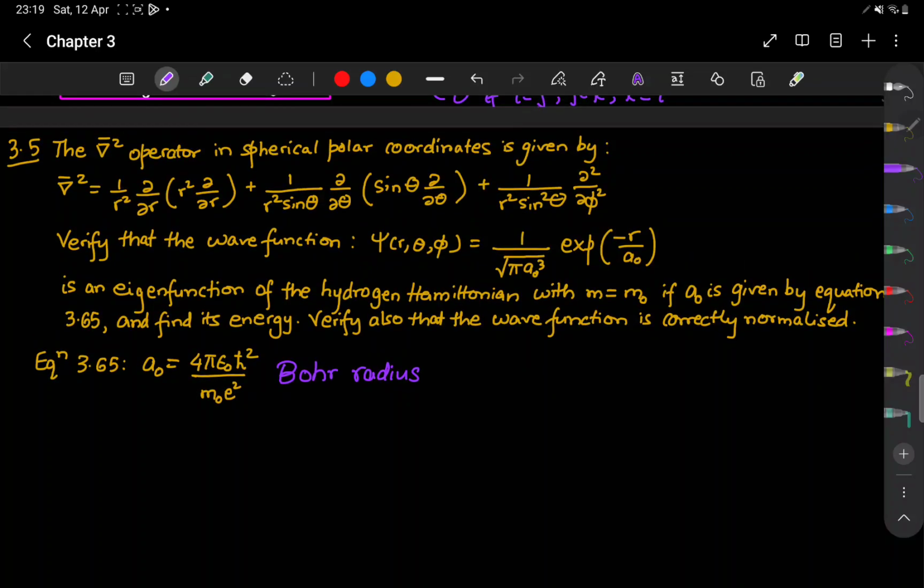Okay, so this is the question. We are given the wave function for the hydrogen atom and we need to verify that this wave function is normalized, and also we need to find out the energy, and we need to see whether this wave function is indeed an eigenfunction of the hydrogen Hamiltonian.